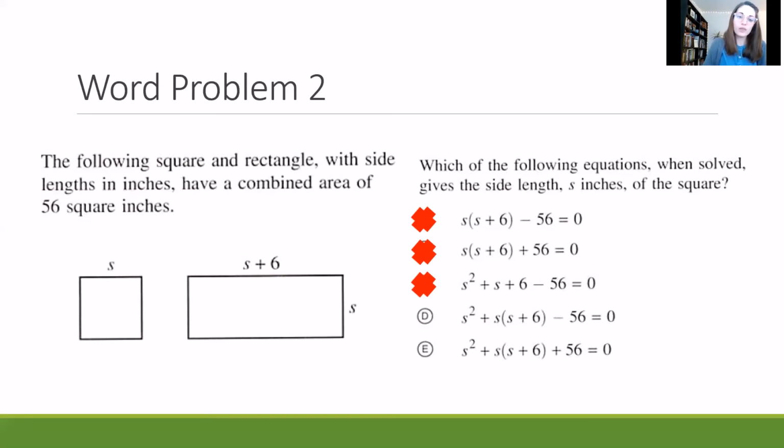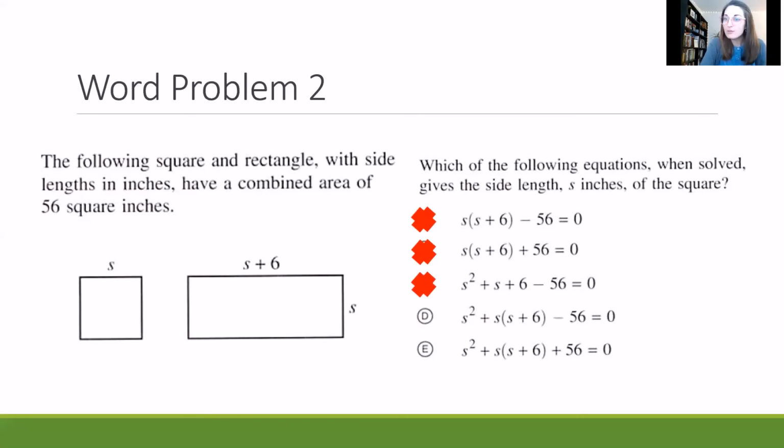Now, remember, we're thinking that this altogether equals 56, but the answers that they show only equal 0. So think about it like this. If we know that S squared plus S times S plus 6 equals positive 56, how do we get rid of that 56 on the other side of the equal sign and bring it back onto the side of the equal sign that we're working on right now?